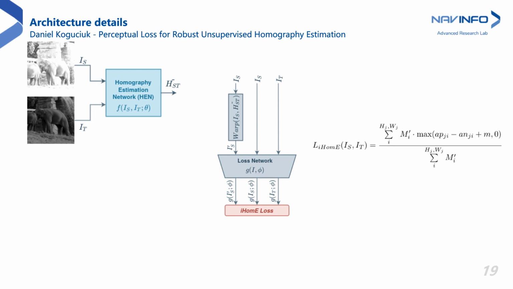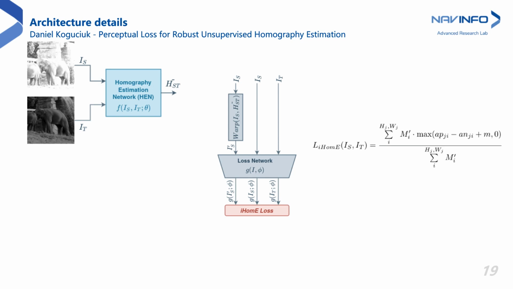Rather than directly minimizing only the distance between I_T and I_S prime, we encourage the network to simultaneously push I_T away from the original I_S in triplet fashion, additionally normalized by visibility mask M.